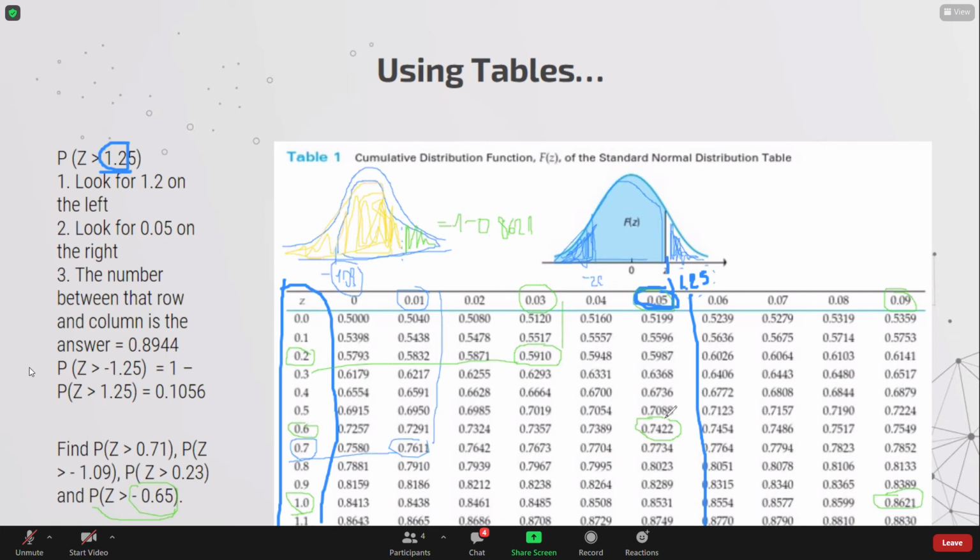But that's the number that corresponds to the area that is in green here. But we're searching for the other area. So it should be 1 minus 0.7422, which is equal to 0.2578.